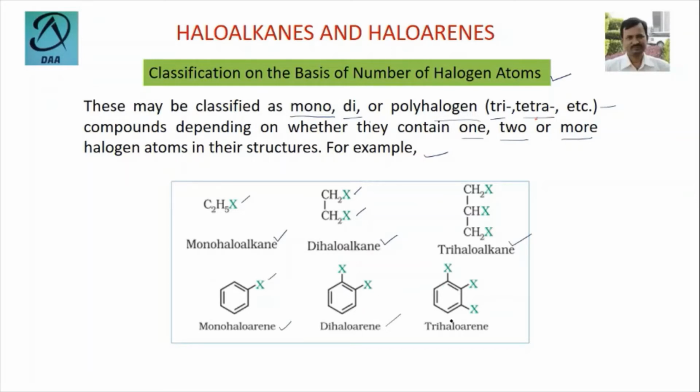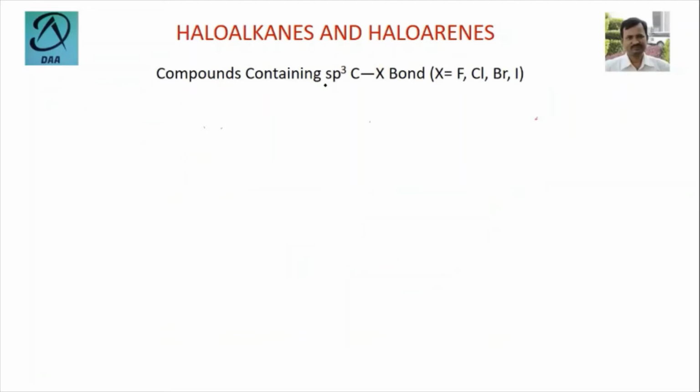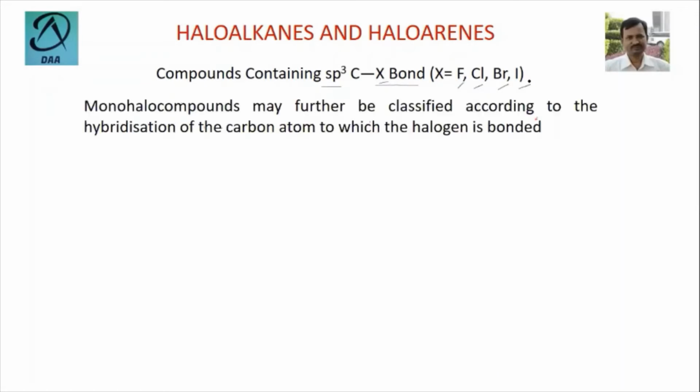And for trihaloarene, three halogen atoms are directly attached to the benzene ring. Containing the sp3 C-X bond, where X, that means halogen, denotes the fluorine, chlorine, bromine or iodine atoms. Monohalo compounds may further be classified according to the hybridization of the carbon atom to which the halogen is bonded.